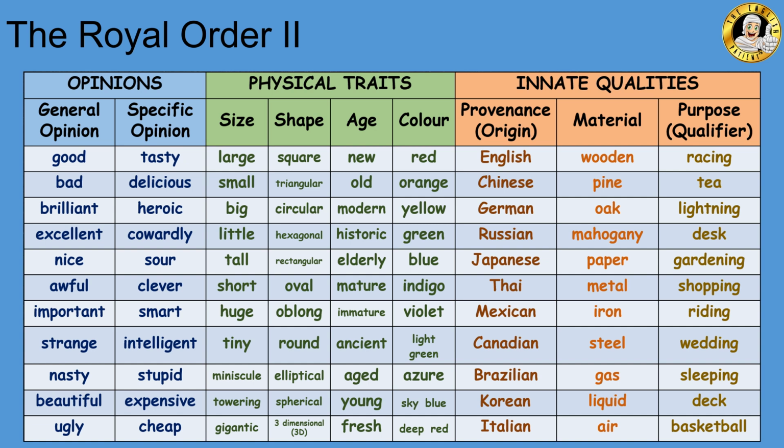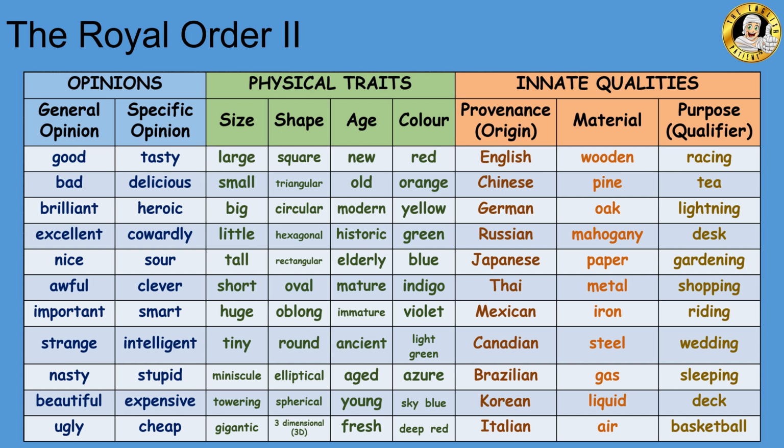For shape, square, triangular, circular, hexagonal, rectangular, oval, oblong, round, elliptical, spherical, three-dimensional. For age, could be something as simple as new or old, but there are other adjectives: modern, historic, elderly, mature, immature, which is the opposite of mature, ancient, very old, aged, young, fresh.